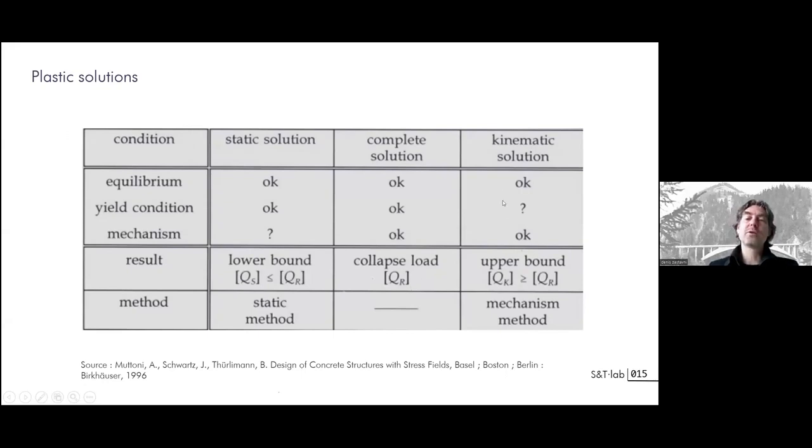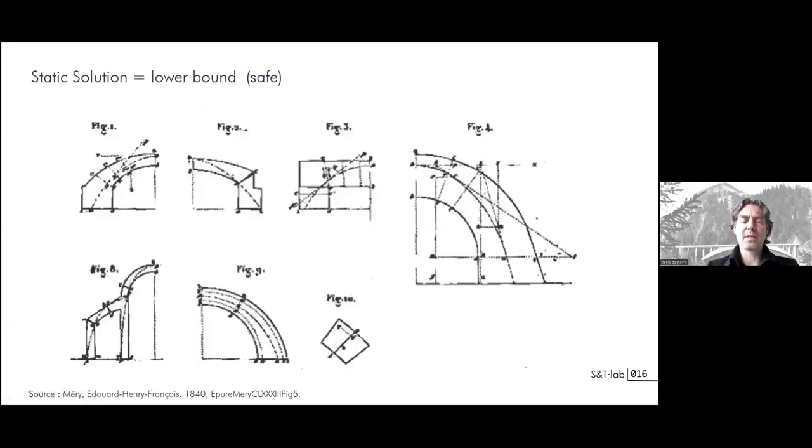The kinematic solution is an option in which we have to navigate to find the minimum, and the static solution will always give you a good solution, but if you want the actual breaking loads, you will be close to the kinematic solution. So what's the application of this?